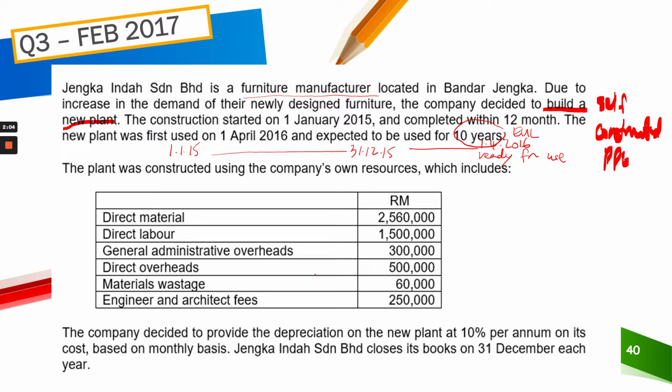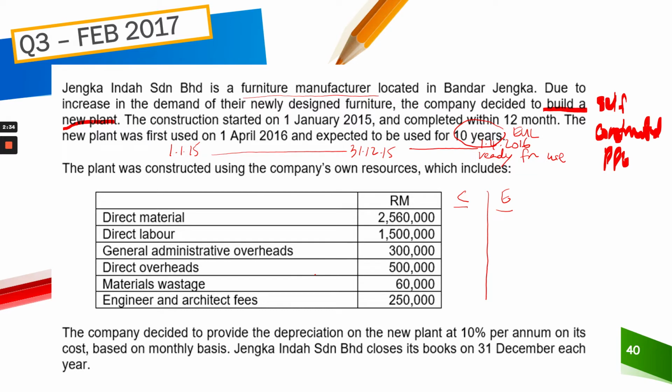The plant was constructed using the company's own resources, which includes direct material. So we are going to look at which one would be capitalized and which one would be expensed, with the guideline given under MFRS 116 on PPE relating to self-constructed property, plant and equipment: direct labor. So we're going to look at what are to be capitalized and what are to be expensed.